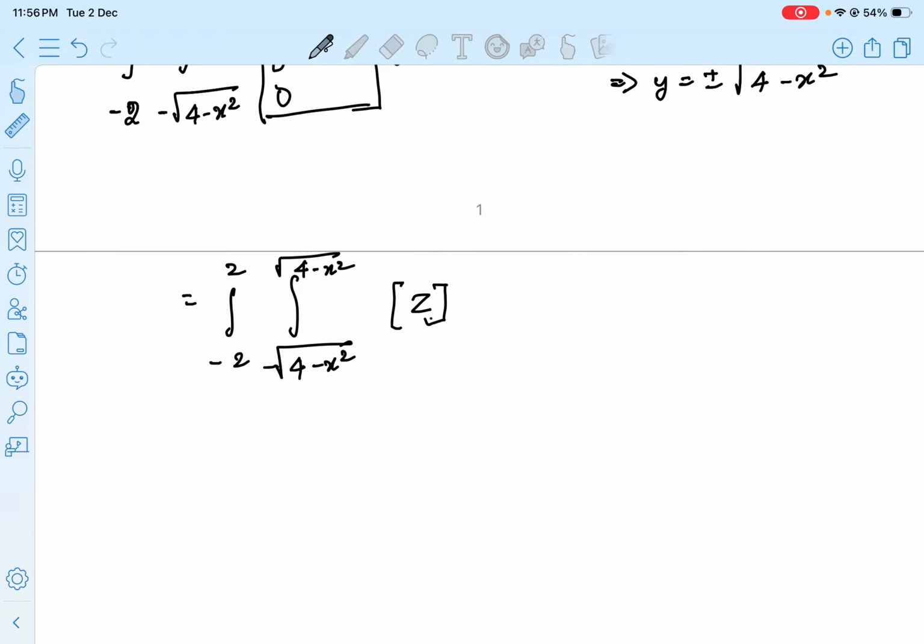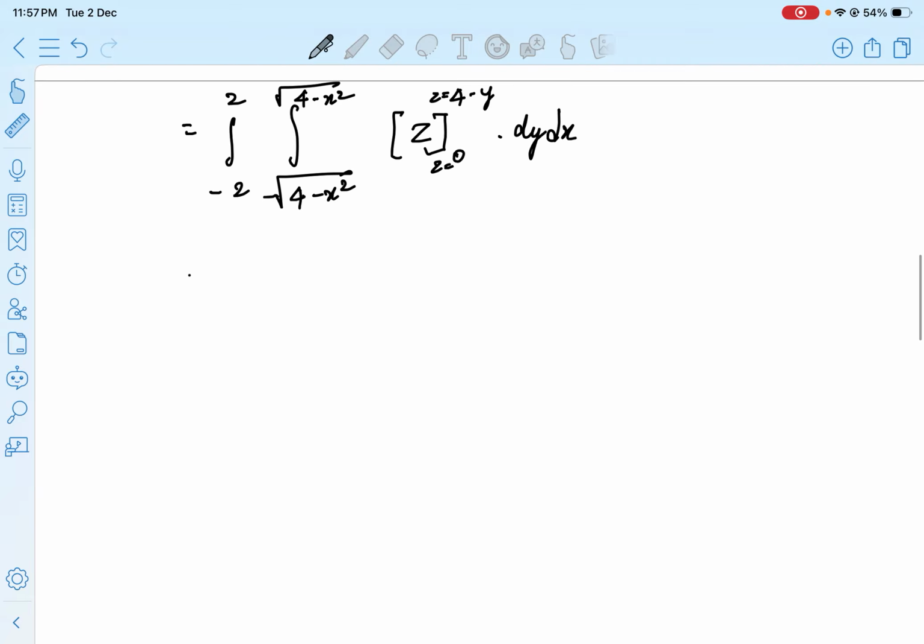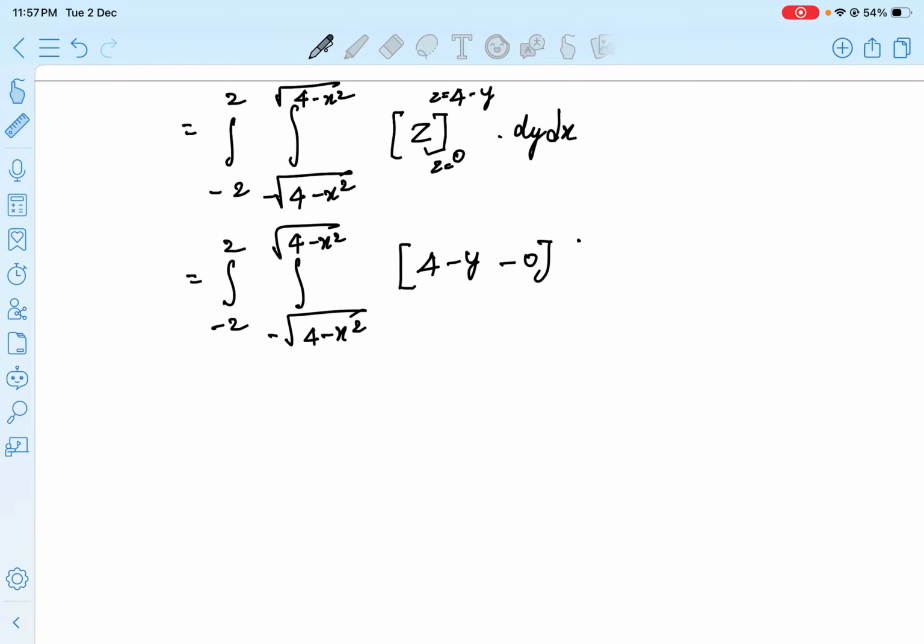So integrating with respect to dz, we will get z, evaluated from z equal to 0 to z equal to 4 minus y, dy dx. Equal to the integral from minus 2 to 2, integral from minus root of 4 minus x square to root of 4 minus x square. Here we are going to substitute our z limits: 4 minus y minus 0, dy dx.